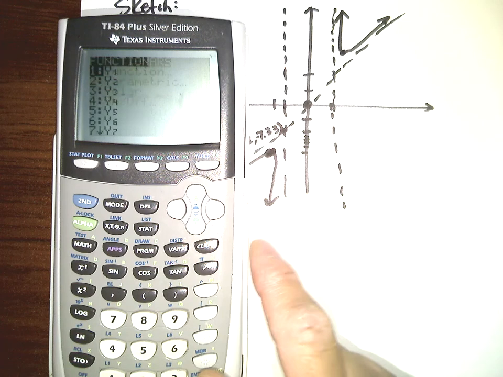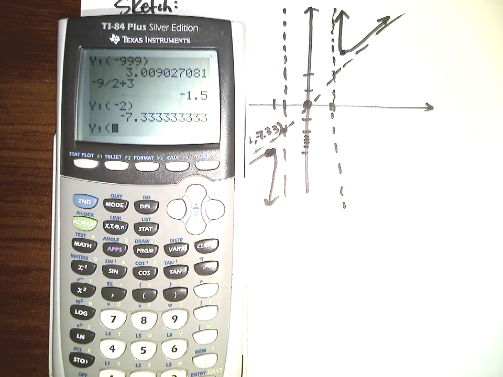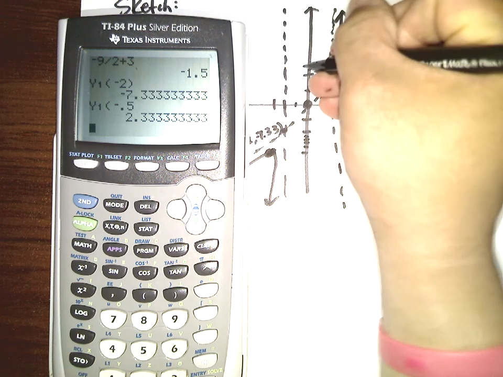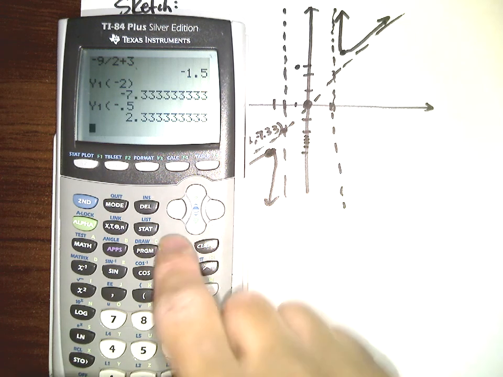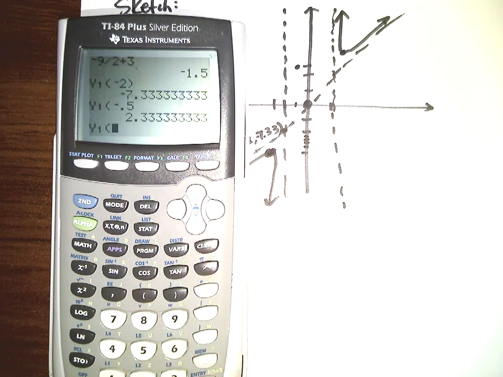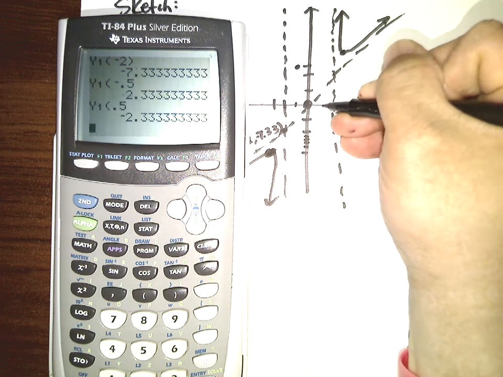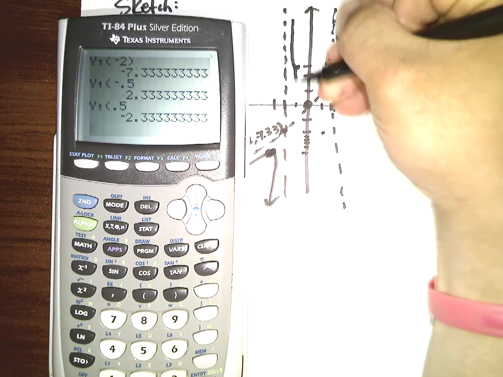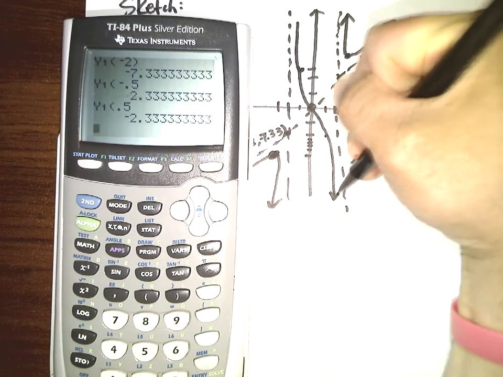Let's try -0.5, which gives 2.33, and if I have 0.5, I get -2.33. So the graph looks something like this.